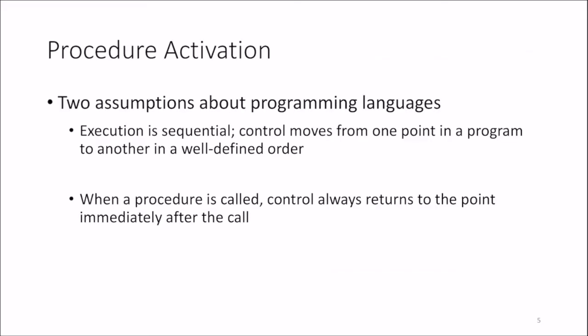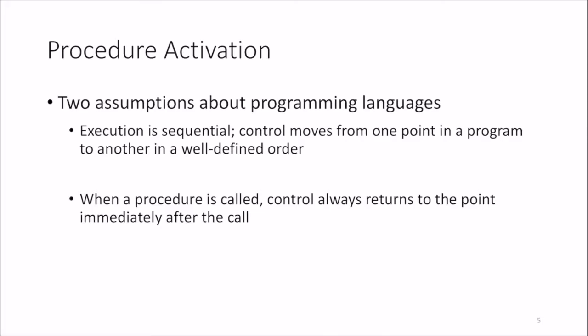When we are dealing with procedures or functions, we have two assumptions about functions and function calls in programming languages. One is that execution is sequential, that control moves from one point in a program to another in a well-defined order. So it's the sequence of instructions, you go from one to the other, right?